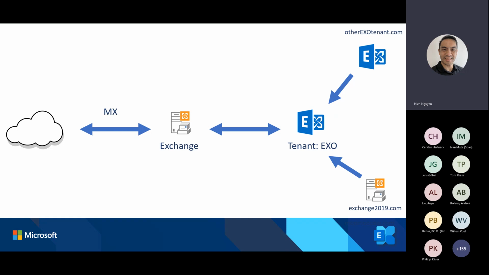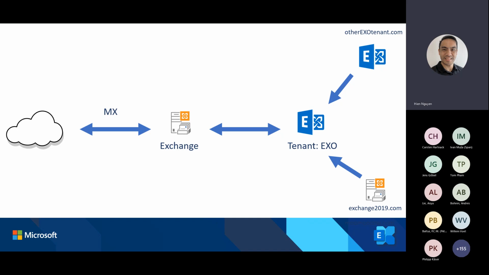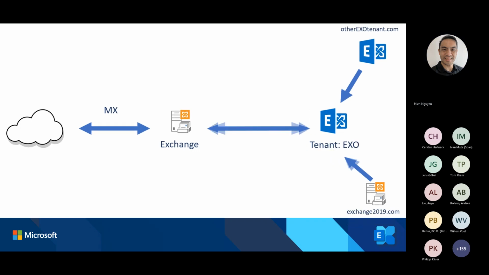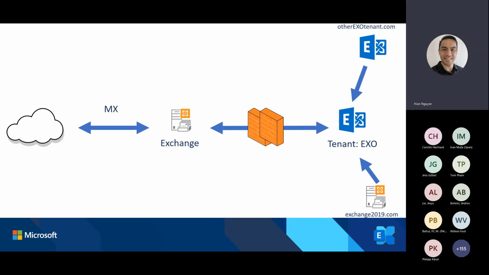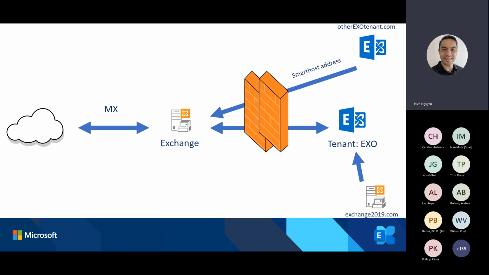Even though your MX is pointed on-prem, we can use the Exchange Online smart host address and direct all emails directly to the tenant or via the onmicrosoft.com address. What also opens up is that now, because there is generally a firewall between your on-prem environment and online, other tenants now have the ability to send directly to your on-prem environment by your smart host address.